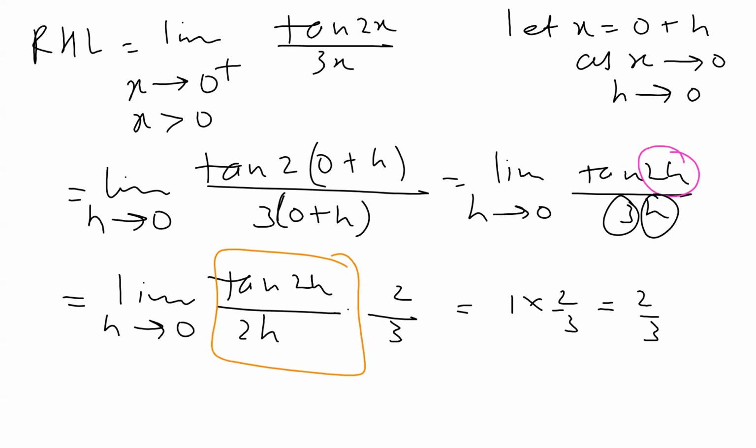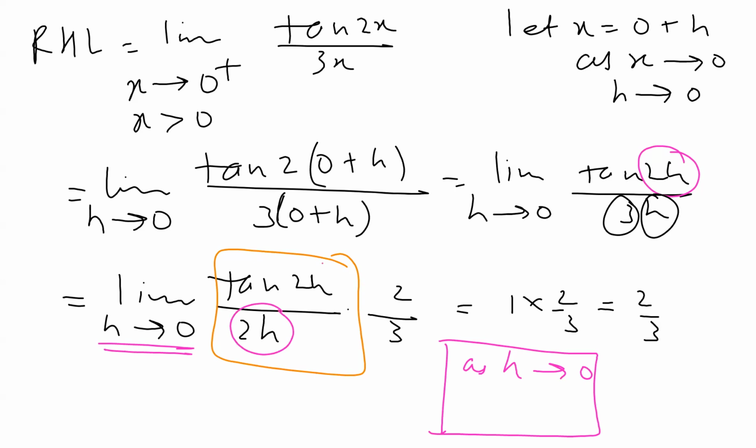And one thing you write for the paper corrector, as h approaches 0, 2h will also approach 0. Now this formula is applicable only for sine and tan, and the value should approach 0 and no other value. So LHL and RHL are same.